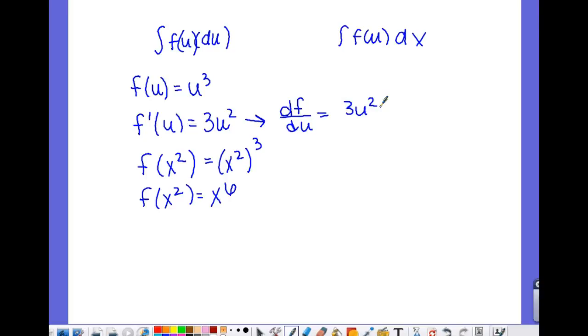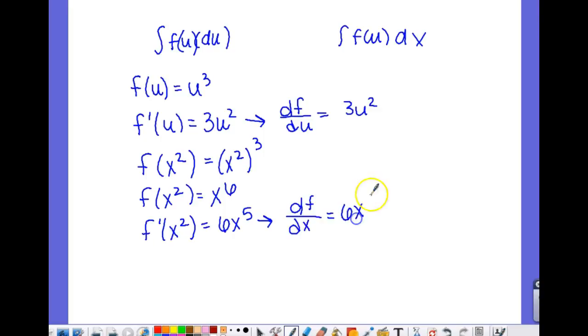And down here, if I were to differentiate f of x squared, I get 6x to the fifth. Once again, if I wanted to change my notation, it's like saying df dx equals 6x to the fifth.